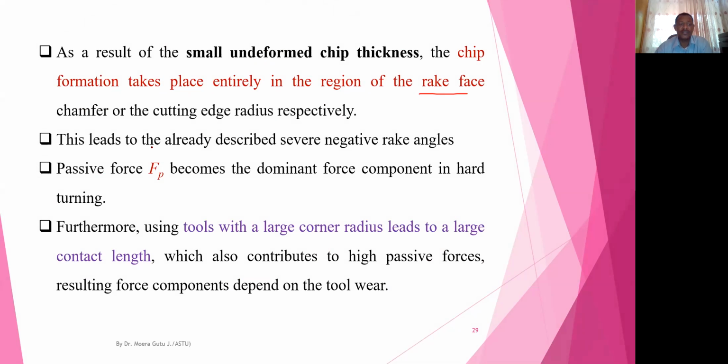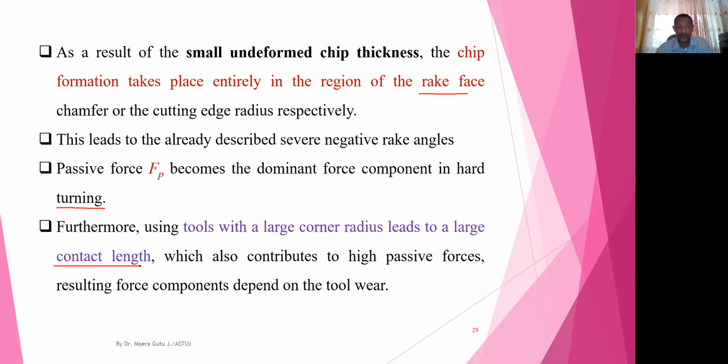So this leads to the already described large negative rake angles. Passive forces: passive force becomes the dominant force component in hard turning. Furthermore, using tools with a large corner radius leads to large contact lengths.